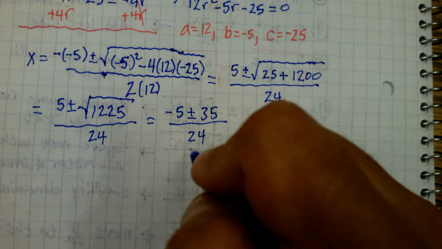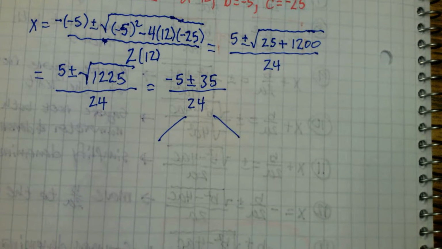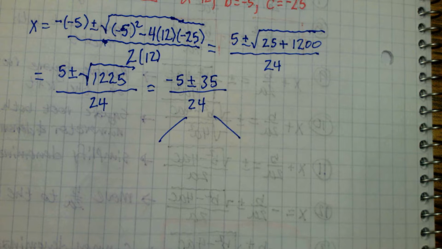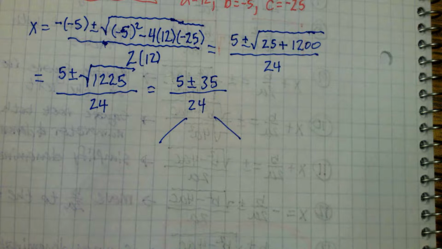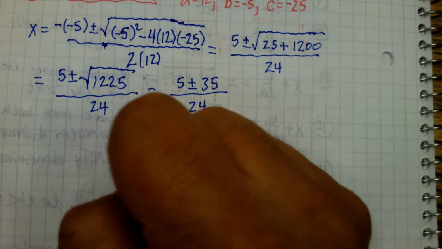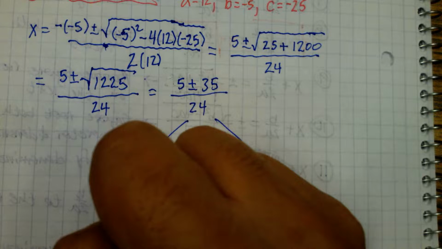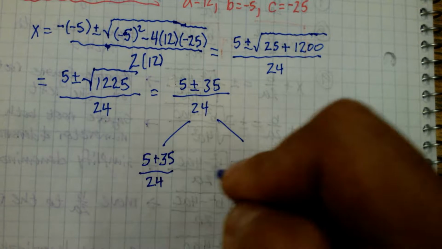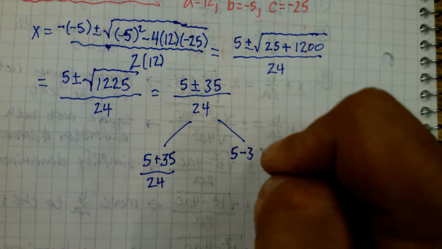So we can split this up into two answers. Isn't it positive 5? Positive 5? Oh, positive 5, yes. My bad. We're going to split this up into two answers. 5 plus 35 over 24 and 5 minus 35 over 24.